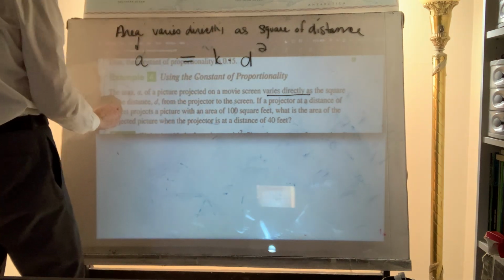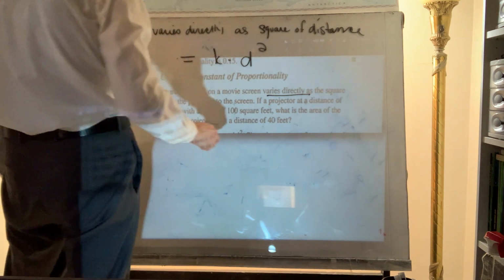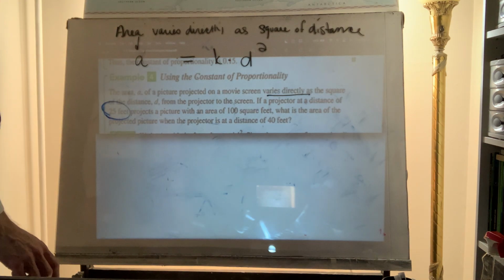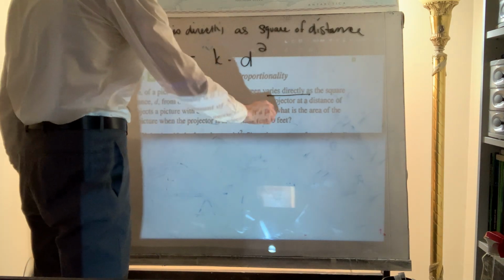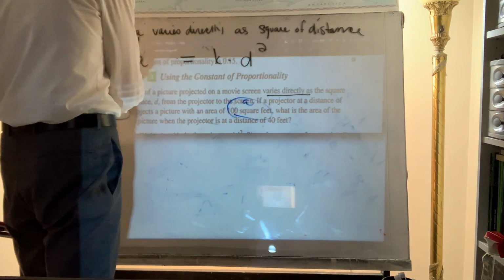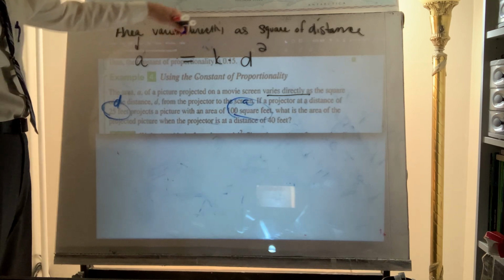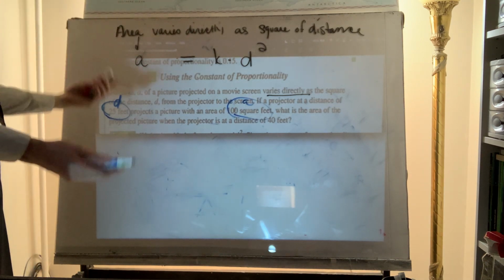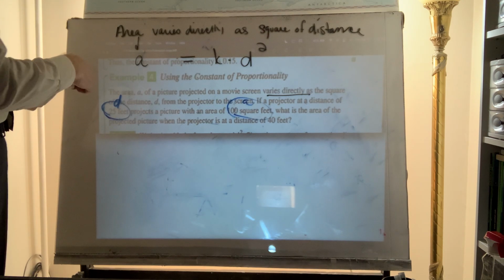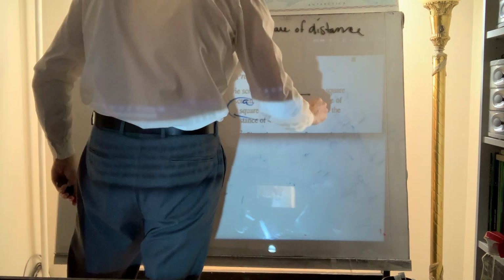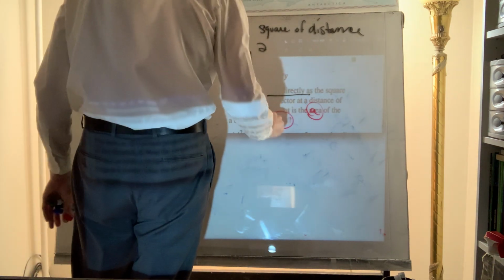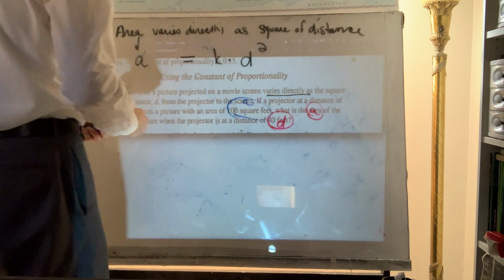The distance is 25 feet and the area is 100 square feet. This is A, this is D. And use that to arrive at the proportionality constant. Then answer a second part, for area, when the projector is at a distance of 40.